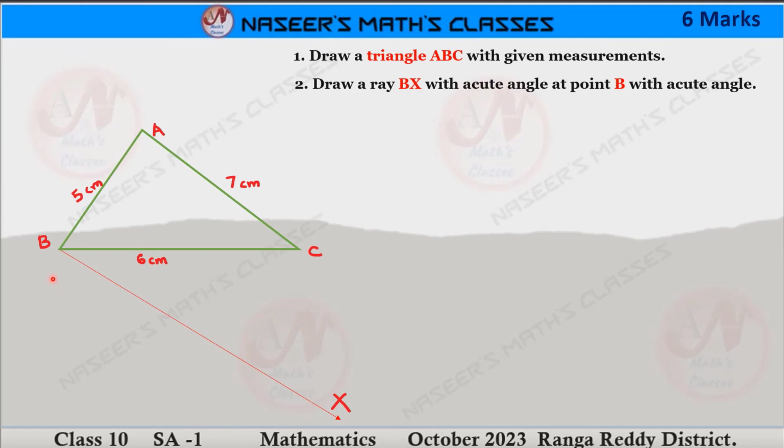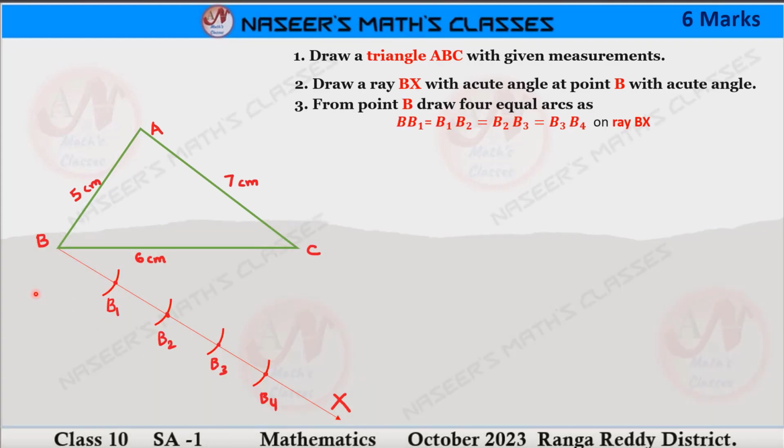Next we have to draw a ray BX from point B at an acute angle. From point B we have to draw equal arcs, B1, B2, B3 and B4, on ray BX.